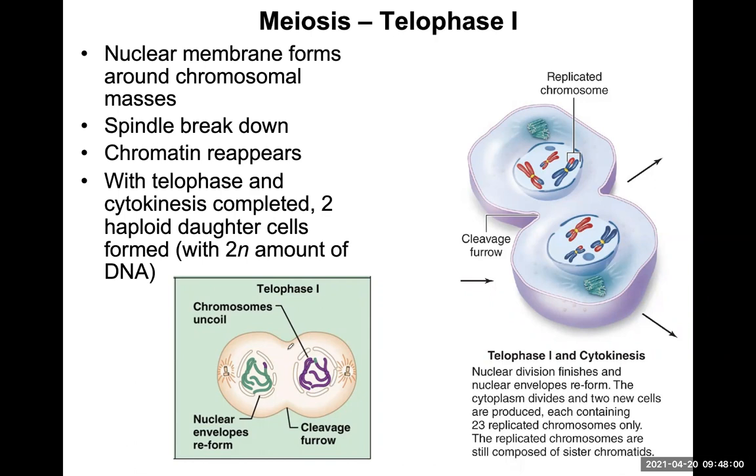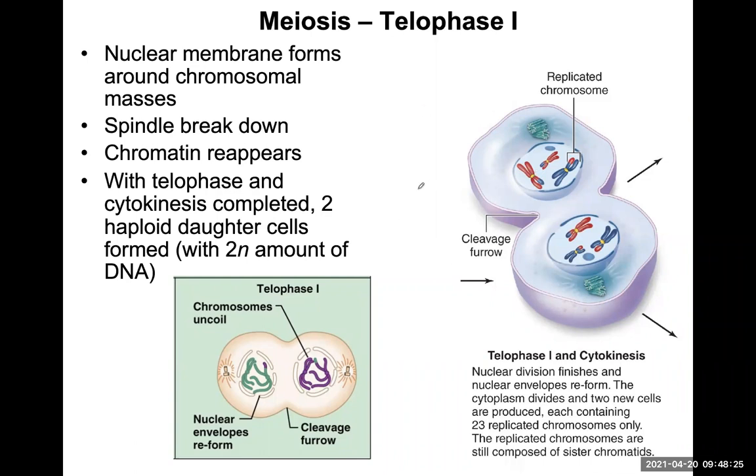Okay, they're haploid because they only have one copy of 23 chromosomes, right? But those haploid chromosomes are not going to be functional because they're still attached to their sister chromatid. All right, and that is because the centromere did not split in anaphase 1.